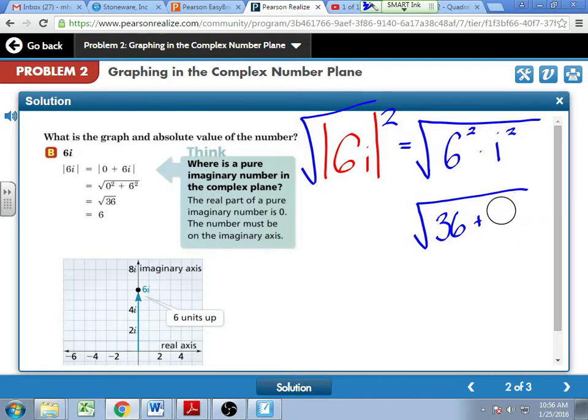I really only have the positives. Sorry, this was multiplication, not addition. So it's really just times 1 and it's gone. The only reason we have this 0 here is they wanted to write it in complex number form, and there is no real number with it, so that 0 doesn't need to be there at all.